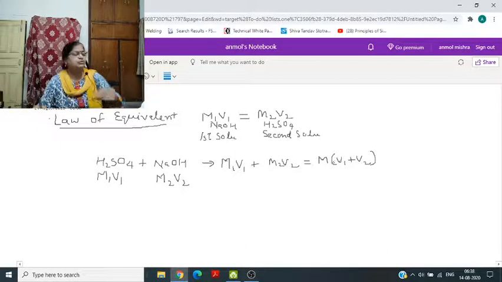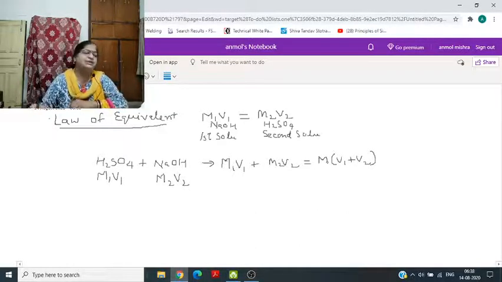When we mix them together, the acid, whatever is extra, will be neutralized. If the base is in more amount, then it will neutralize the acid, and the rest NaOH will make the solution basic. Whatever is in more amount will be the nature of the solution.